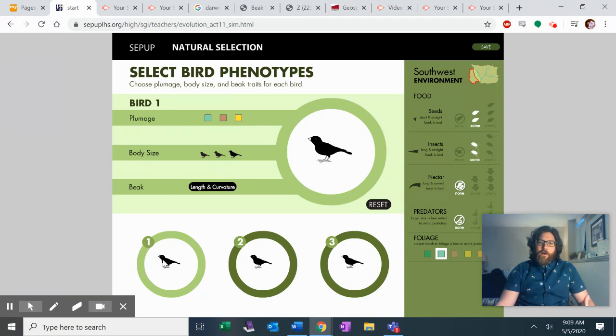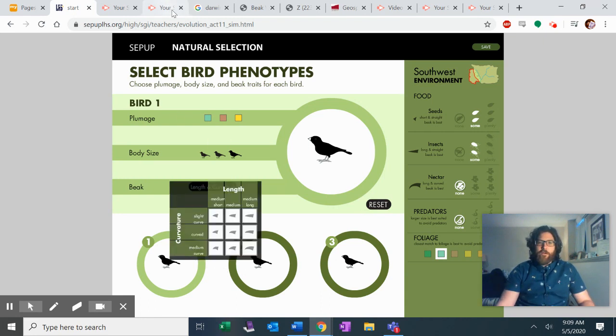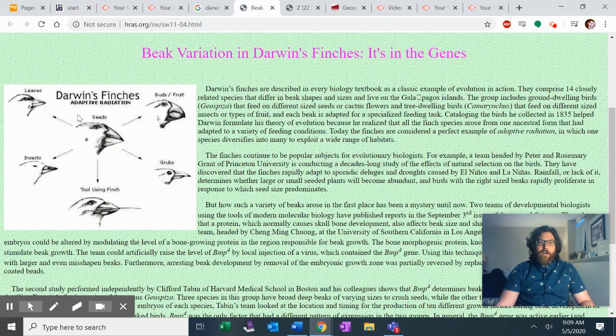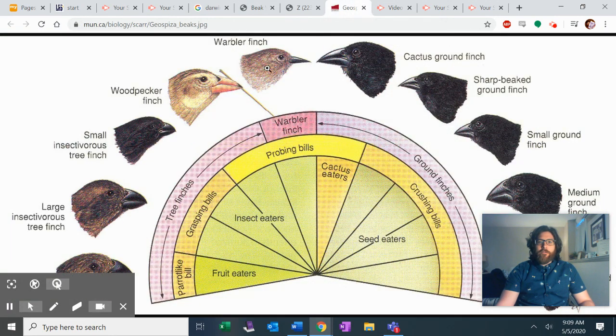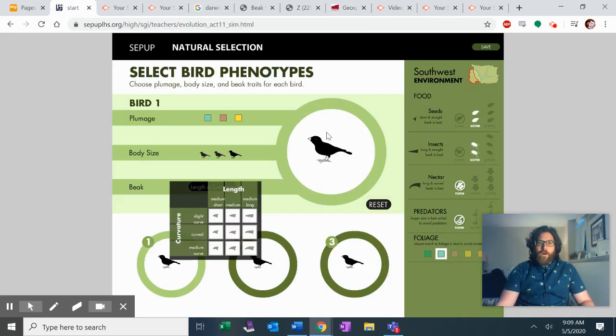We looked at how very minor differences in these birds can lead to very big differences over a long amount of time. So we always want to think about what the original form of the organism maybe looks like. If all these different varieties of bird could essentially come from one common ancestor, how did we get there?